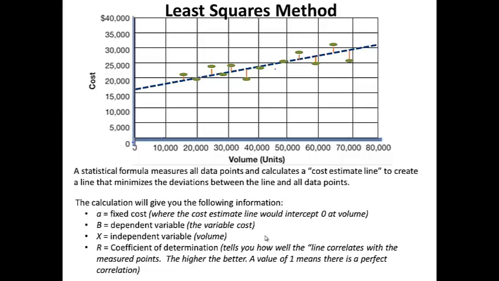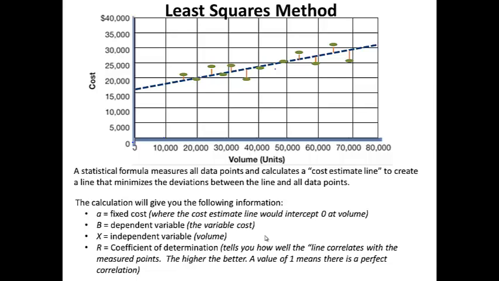A value of 1 means there's a perfect correlation between the estimated cost line and the data points. And of course, having a 1 is literally impossible. A value of 0 means there's absolutely no correlation of data whatsoever.